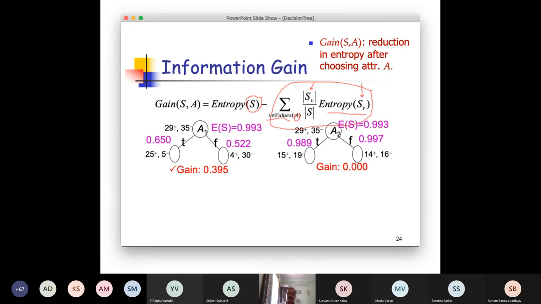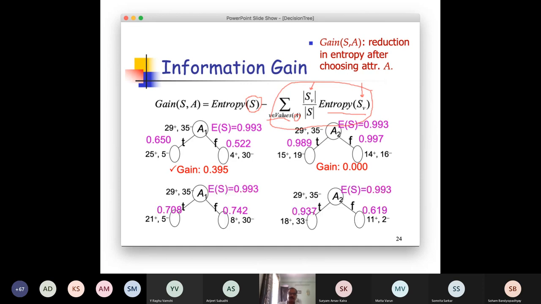Naturally, out of them, A1 would be selected because the gain is highest. Another example has different kinds of labeling, so it is a different set of training examples. Though the numbers look similar, your labels would be different. There also you can see that the information gain is highest for it.